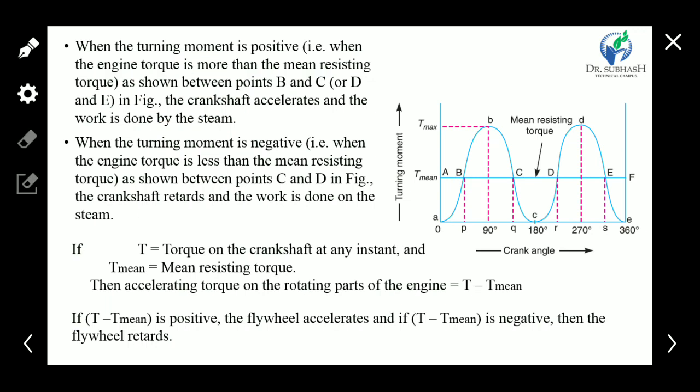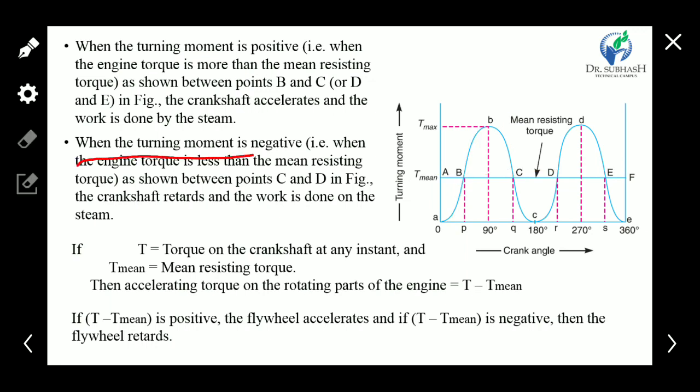The mean resisting torque is the torque required to rotate the engine or start the engine. So the torque is higher than the mean torque from point B to point C, higher than the resisting torque during this period.